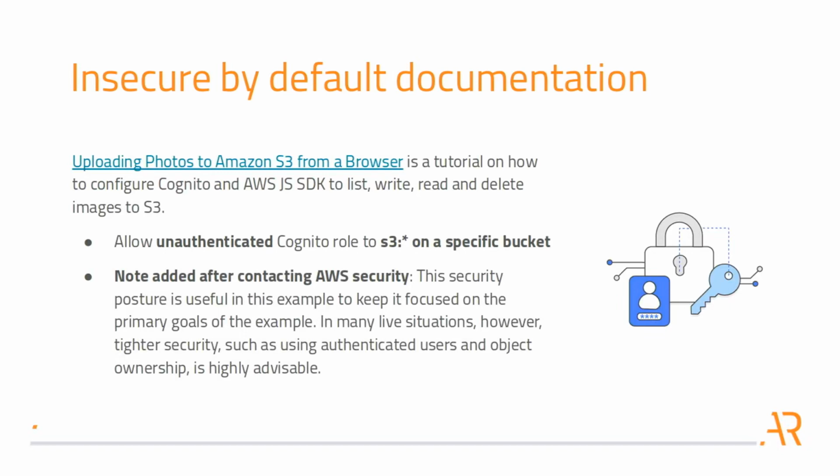There was an example there which granted overly permissive policies to unauthenticated roles. So developers that were just starting with this copy-pasted from there and created vulnerable Cognito applications. When I reported this, they added a note, and okay, the note is enough, I believe. We'll see.